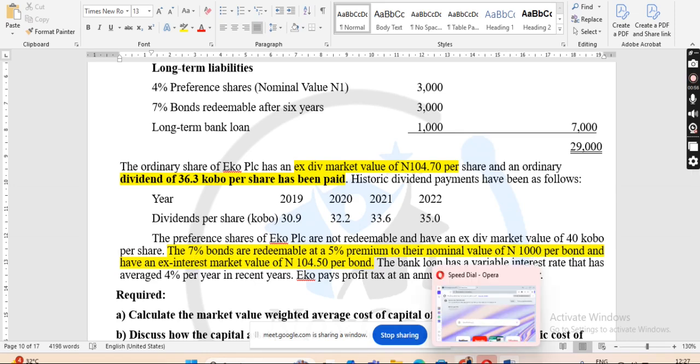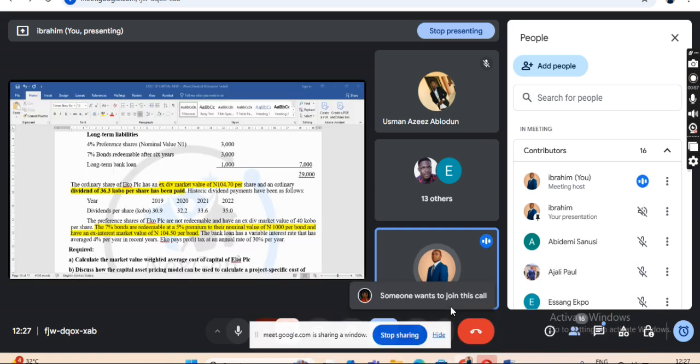1,000 per bond. Class, I've mentioned in our previous class that when there is a redemption, it means the face value at the end of the period is what you will pay, just like a principal. Now, if your redemption is at a premium, and the nominal value is 1,000, premium means above that nominal value.